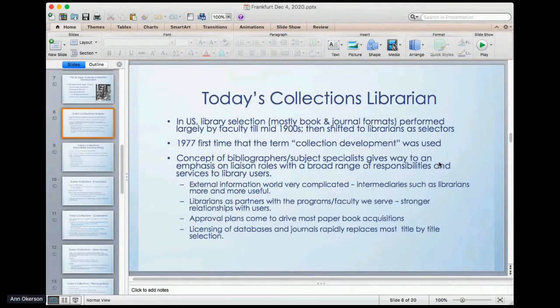Where the librarian of 1900 or 1950 or whatever bought a book and the publisher never knew what became of it, the librarian of 2000 to today licenses a book or a journal which never leaves the publisher's servers, and it's used according to strict rules laid down by the publisher and whose use is carefully tracked by that publisher. The implications of this shift are vast and not really my topic today, but we have to keep it in mind.